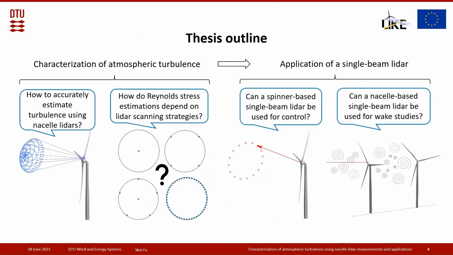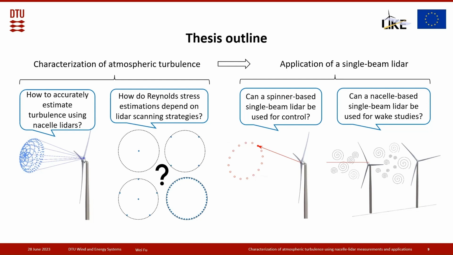Motivated by the challenge of using nacelle LiDAR to measure turbulence, I raised the first research question: how to accurately estimate turbulence using nacelle LiDARs. In this study, we showed the benefit of using a multiple beam LiDAR to measure turbulence.